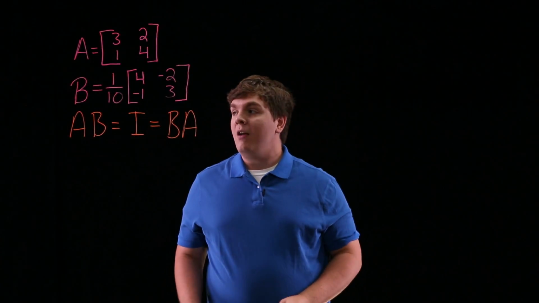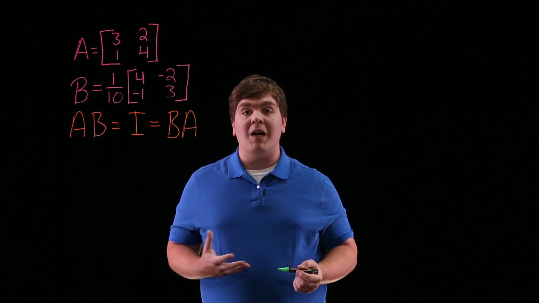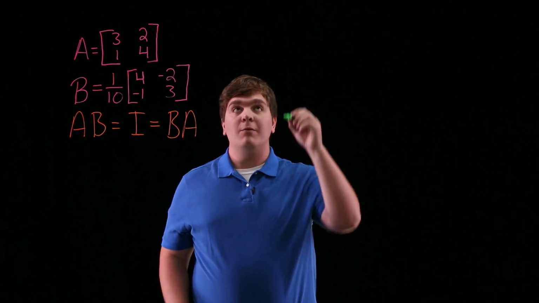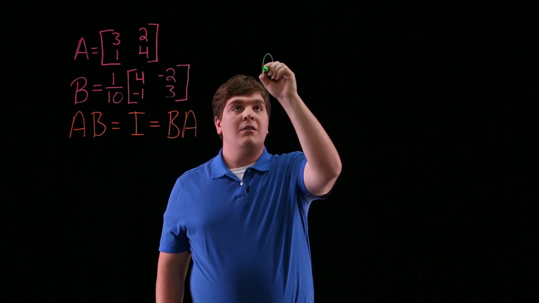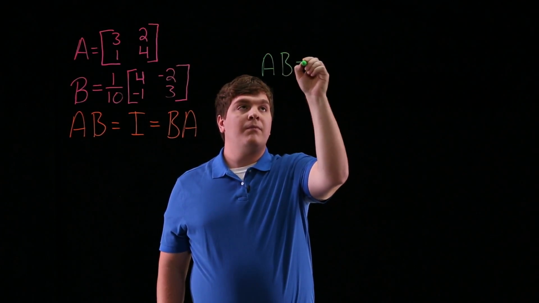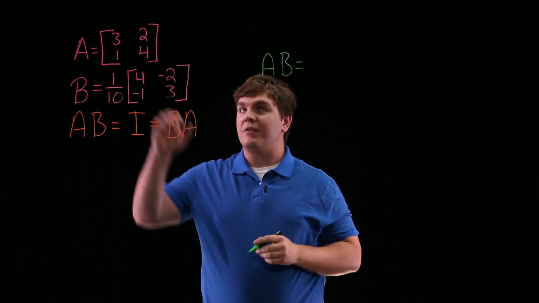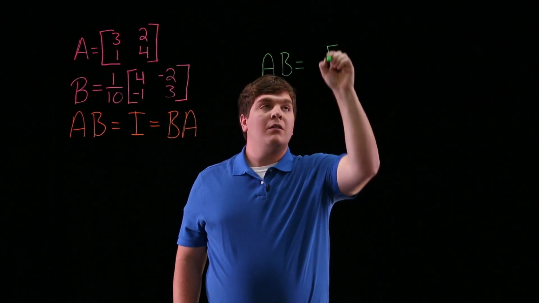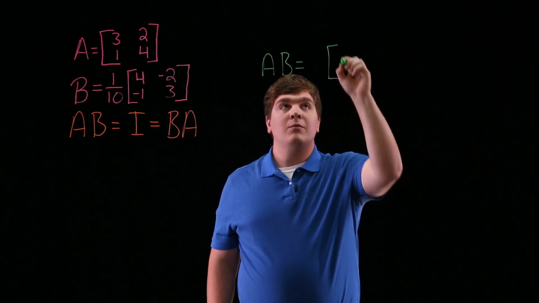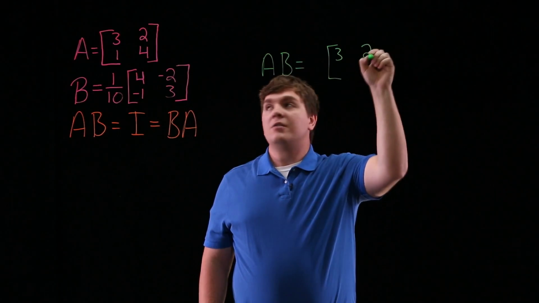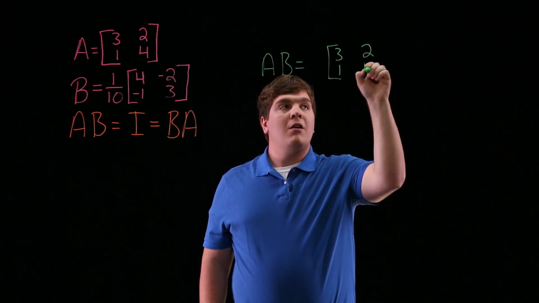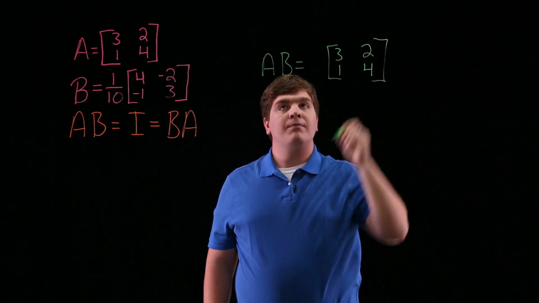So to get started, let's first consider A times B and try to show that this is equal to the identity matrix. So here we have our matrix A, B. We'll write down our matrix A, which is 3, 2 in the first row, and 1, 4 in the second row.